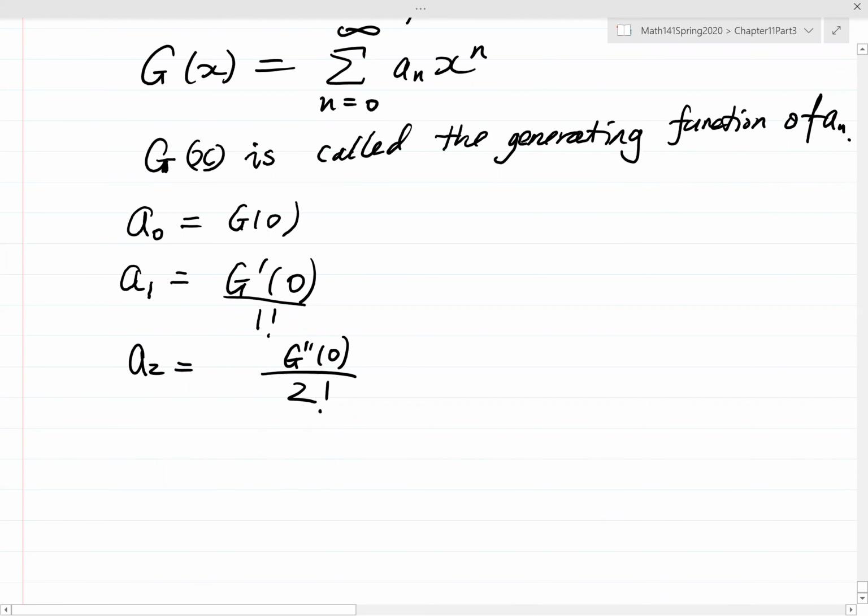If we know g(x), the generating function, very well by symmetry, then we can easily recover a_n. Some examples.